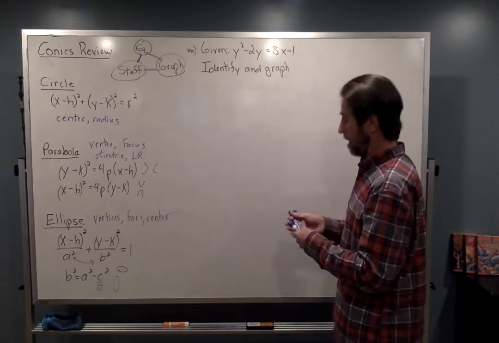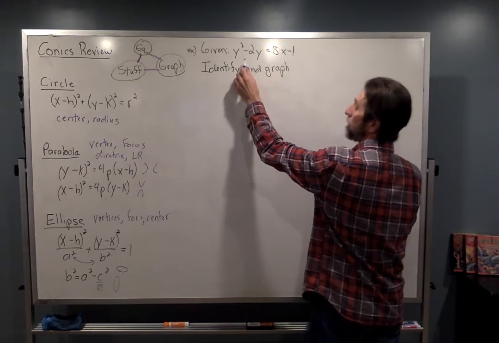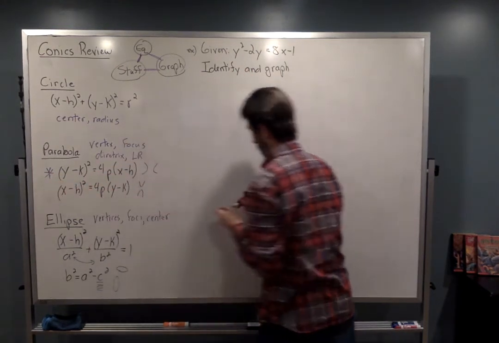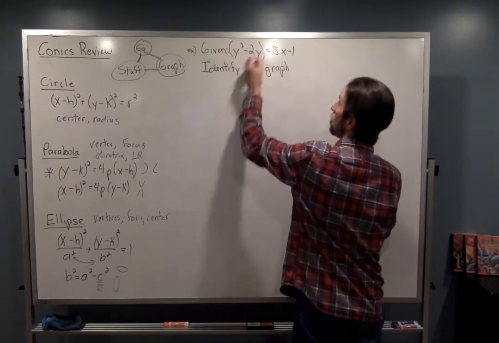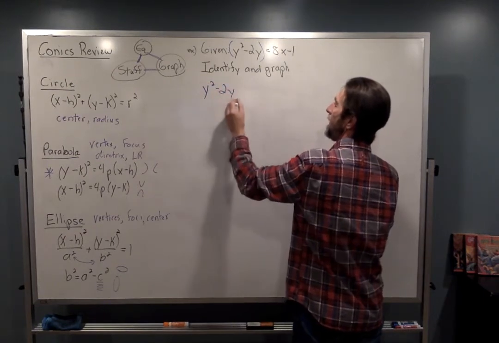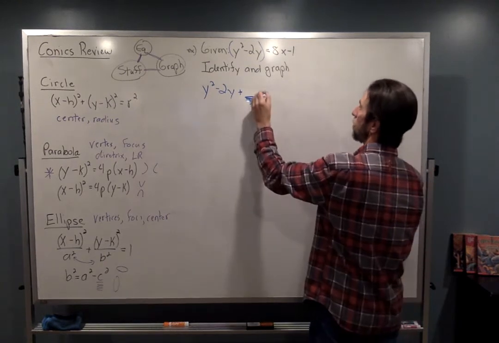But here's another one. So it's not quite in the form I like. So what I'm going to do is try to transform it into this form right here. And in doing that, I've got to complete the square. So I take these first two terms and ask myself, what would I need right here in order for this to be a perfect square?